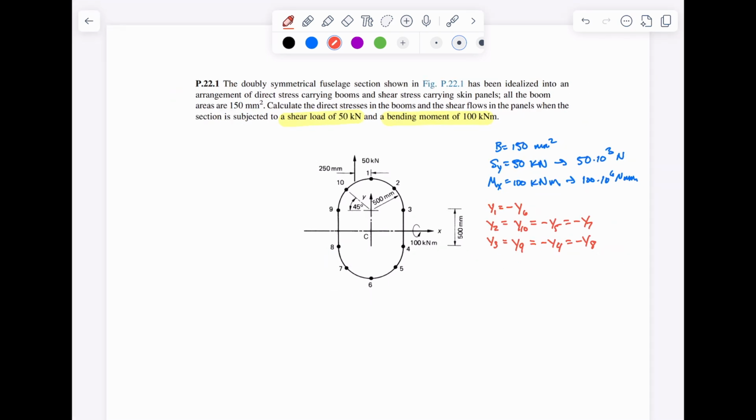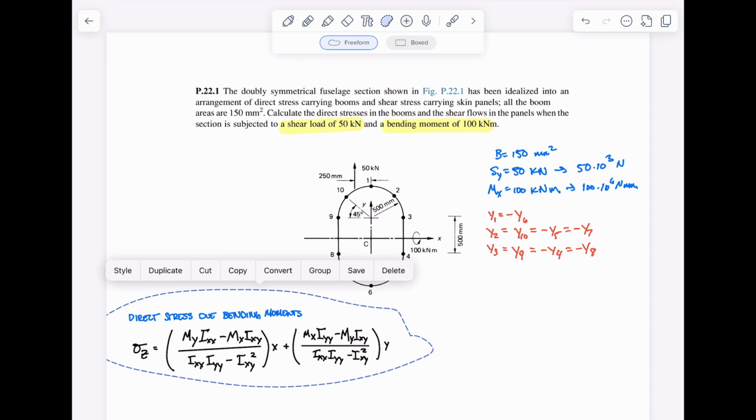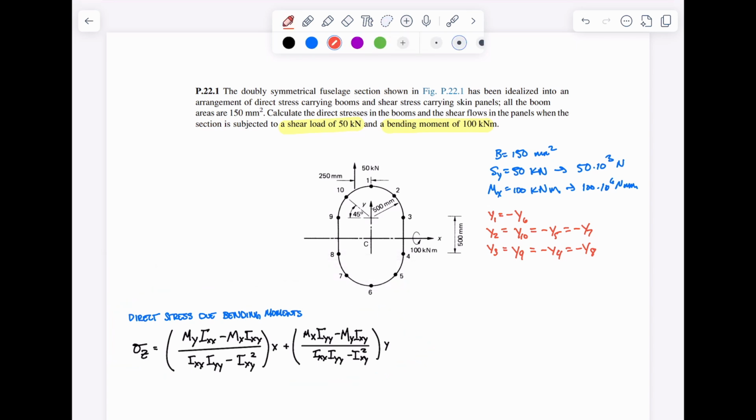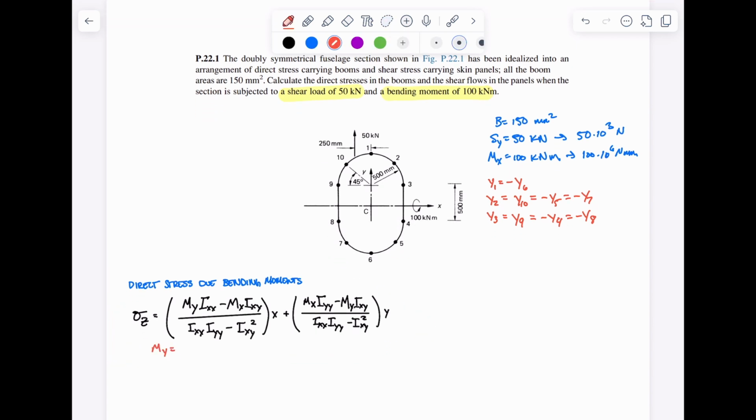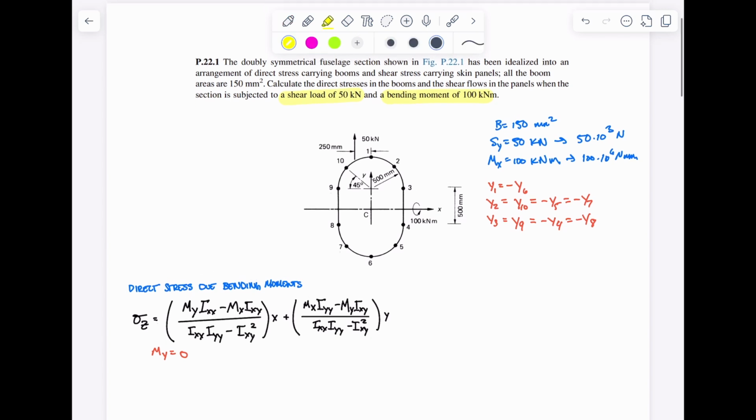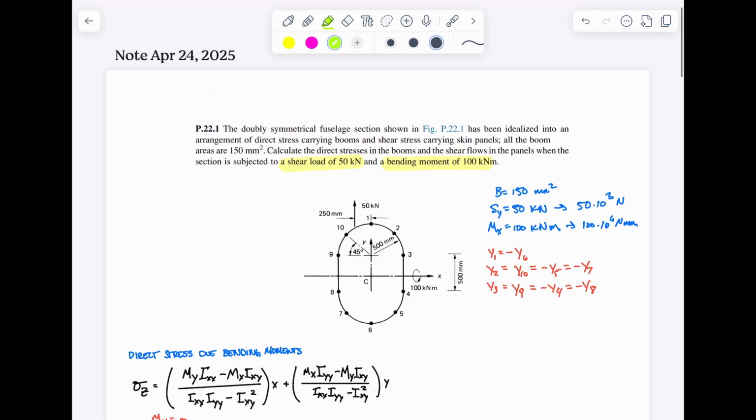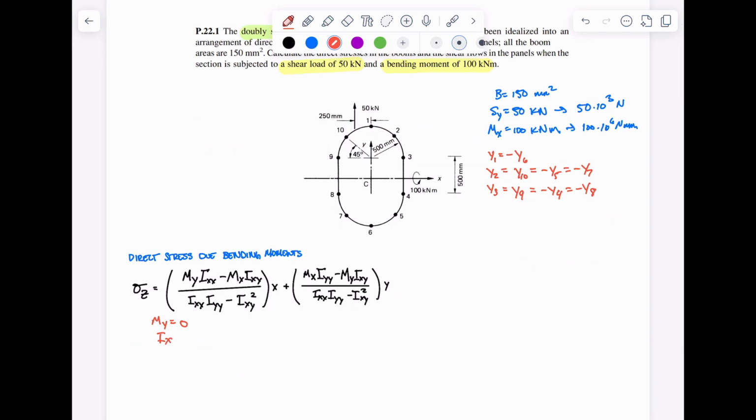Let's solve for the direct stress first. So we know the formula for direct stress is this right here. We also know that there is no bending moment in the y-axis, and because of the geometry being symmetric, we know that the product moment of inertia Ixy is 0.